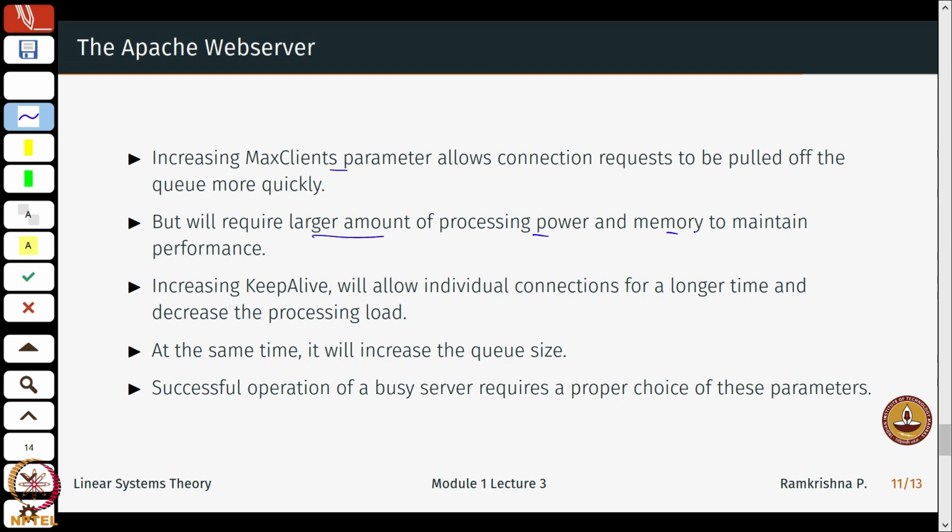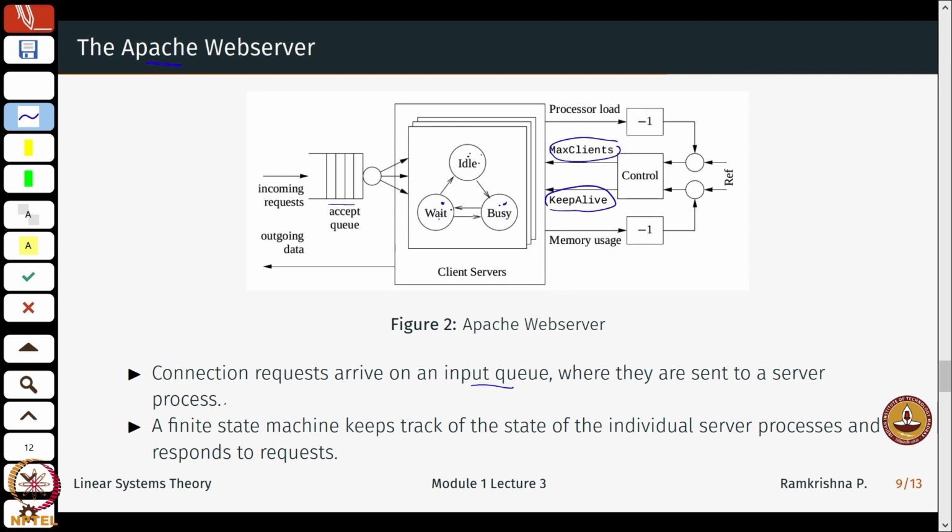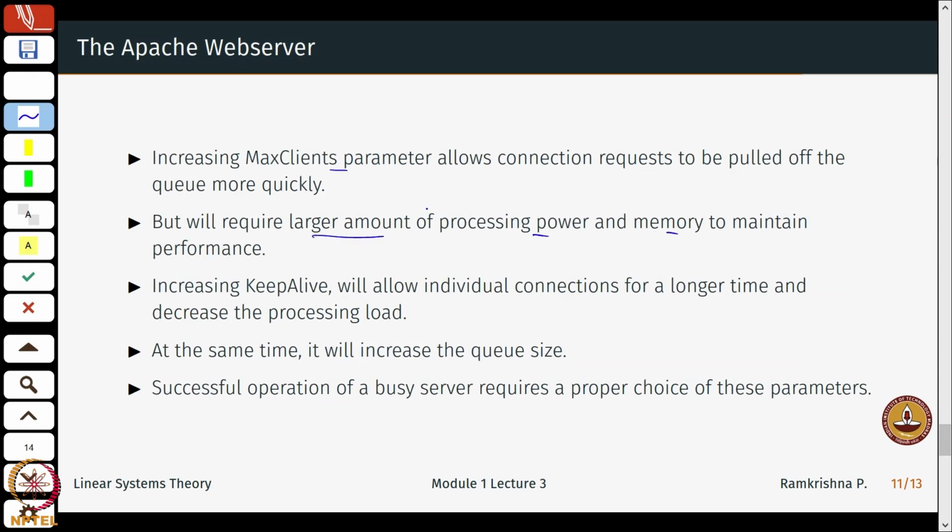Okay. Now, if I increase the KeepAlive time, so KeepAlive is almost like an idle state, right? So the worker is actually not processing any job. So that will reduce the load on the processor. So my CPU utilization and also the memory usage will go down, right?